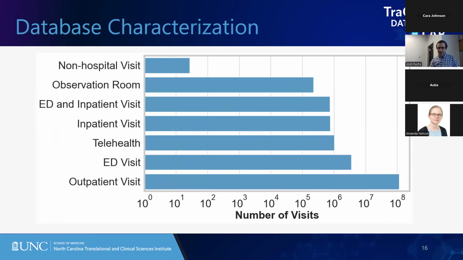If you are interested in particular types of visits, here's a breakdown by visit type. For most of these types, you're looking at hundreds of thousands up to maybe a few million. Outpatient visits are just over, I believe, about 100 million.